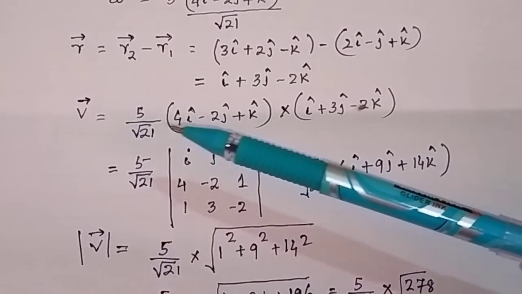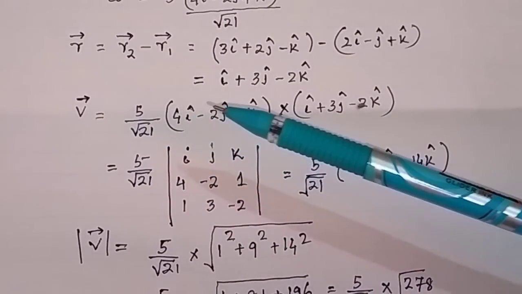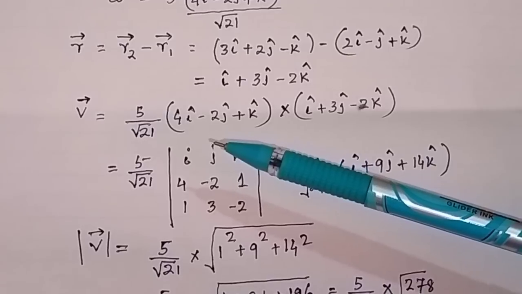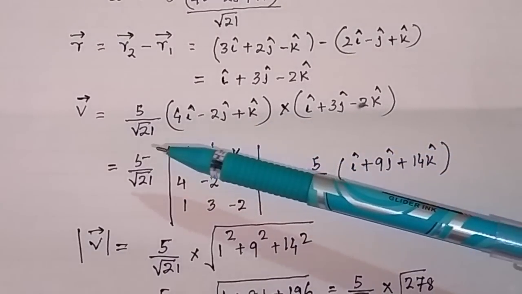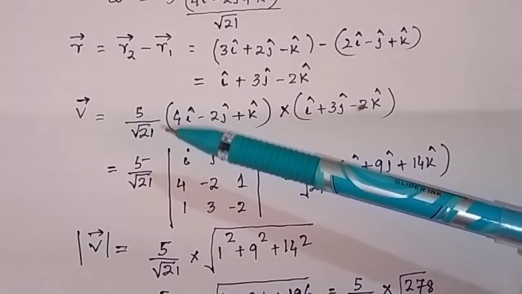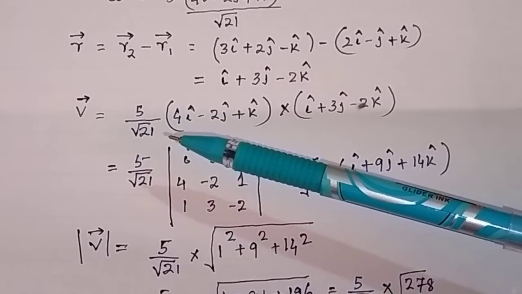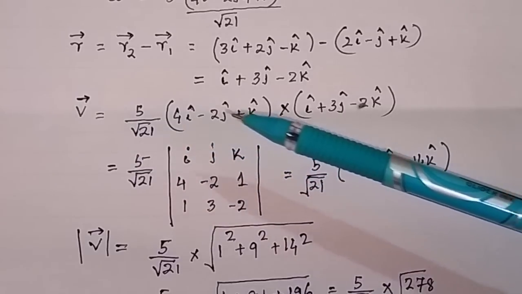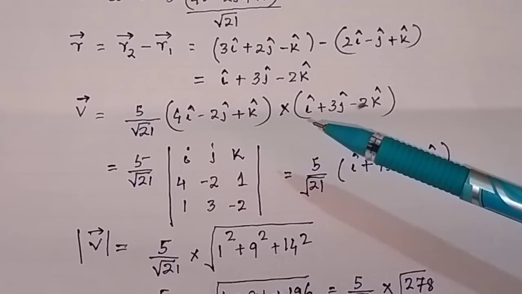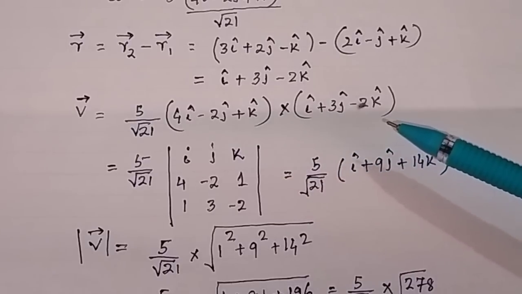So you can find out the velocity vector. To find the velocity vector, you take the cross product of the angular velocity vector with the displacement vector. The angular velocity vector we have found is 5 divided by square root of 21 times 4i cap minus 2j cap plus k cap, and the displacement vector is i cap plus 3j cap minus 2k cap.